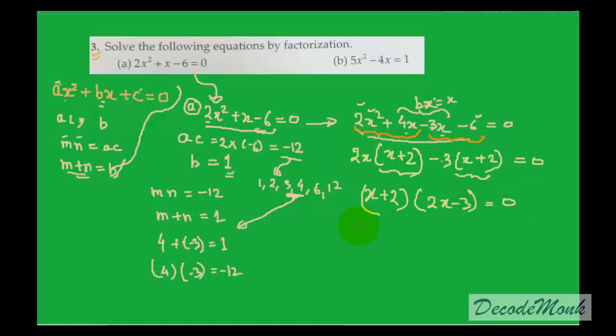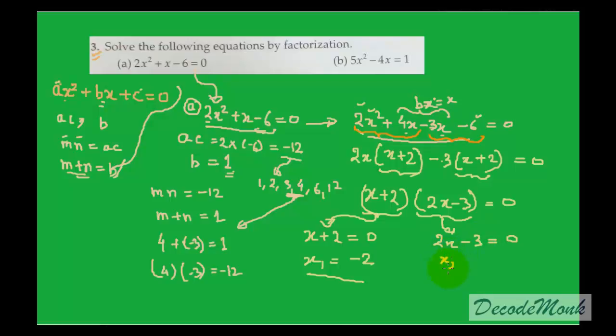Equals 0. So now for this whole equation to be 0, either this should be equal to 0 or this should be equal to 0. Taking x plus 2 equals 0, this will give you one solution, which is equal to minus 2. Or 2x minus 3 may be equal to 0.